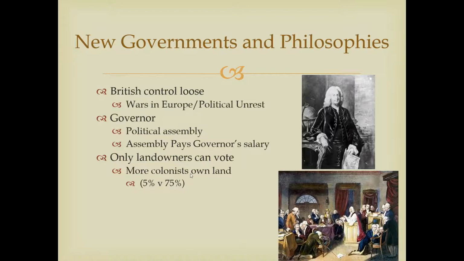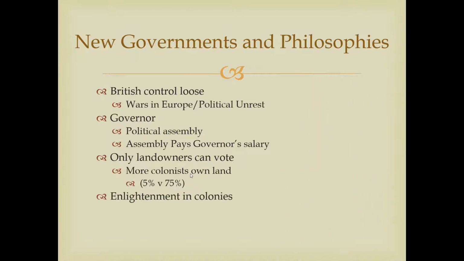You have to create a system that benefits them over a system that benefits the rich or benefits the crown. And so that begins to change the base of people that can actually vote. And then pretty soon here come the Enlightenment ideals. The Enlightenment comes to the colonies and takes hold very quickly.